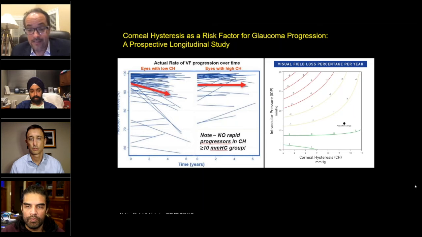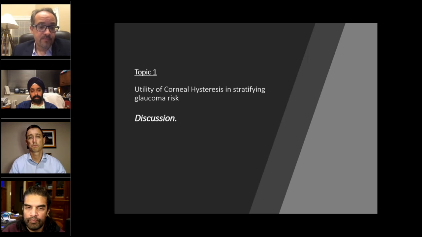If you had high corneal hysteresis, even when you had somewhat higher pressures, the rates were not particularly fast, showing that corneal hysteresis was protective. So again, this plot illustrates how the combination of low hysteresis and high pressure was quite detrimental and was present in those eyes with rapid progression over time.